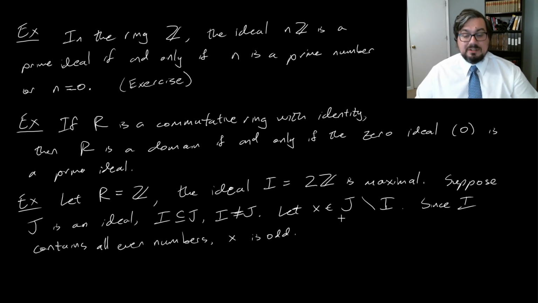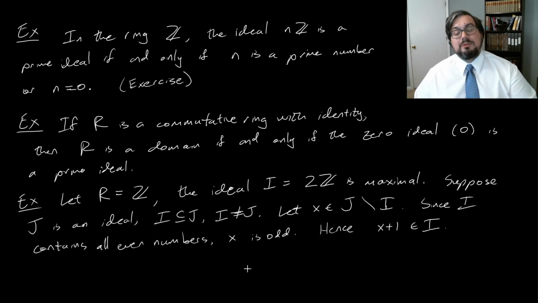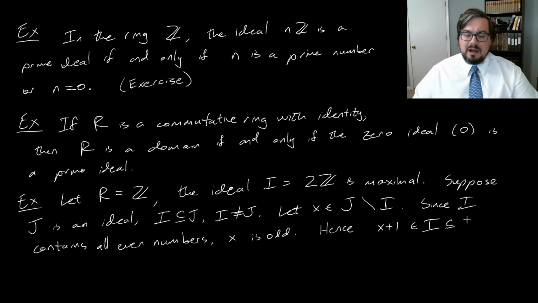I has all the even ones, which means anything that's not in I has to be odd. Hence, x plus 1 is even, and therefore it belongs to I, but I is contained in J. So both x and x plus 1 lie in J.